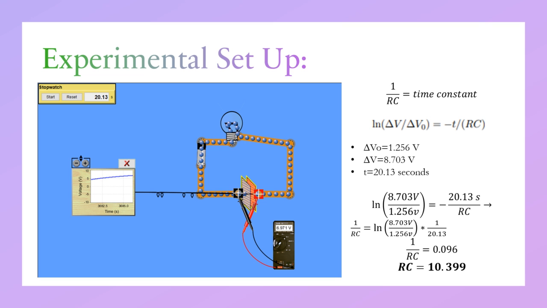So here's the last experimental setup, where we were testing out this time constant situation, and we eventually got an RC, resistance times capacitance, of 10.399, which is about equal to if we took the resistance of the 30 ohm light bulb and multiplied it by the capacitance of our capacitor.